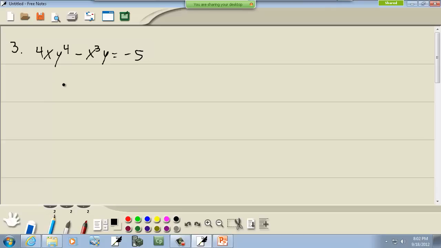Again, it's not very easy to solve this for y, so we'll just take derivative of everything where it's sitting. Now, if I got numbers and signs, I'll go ahead and put them out in front. So I'm going to have 4 times the derivative of x y to the fourth minus the derivative of x to the third y equals the derivative of negative 5.